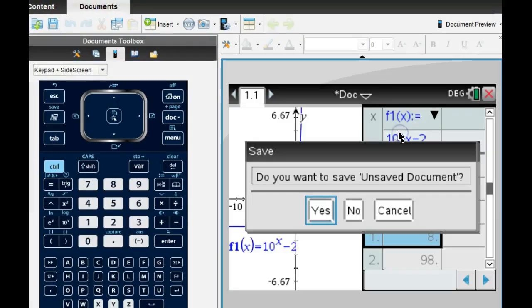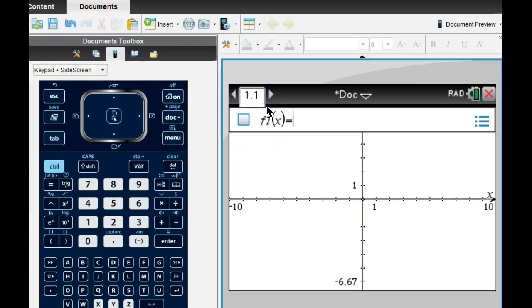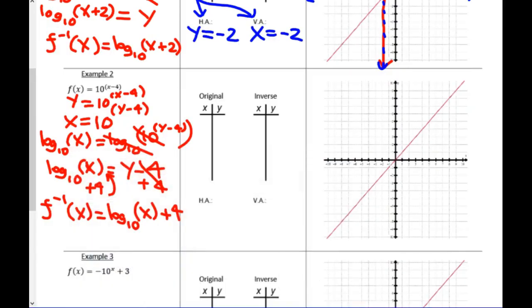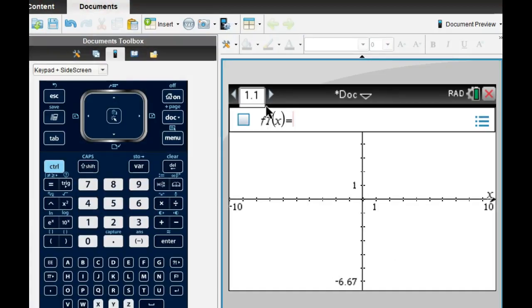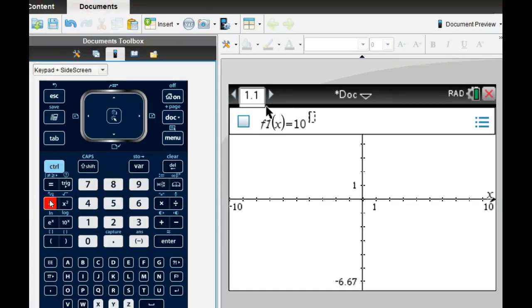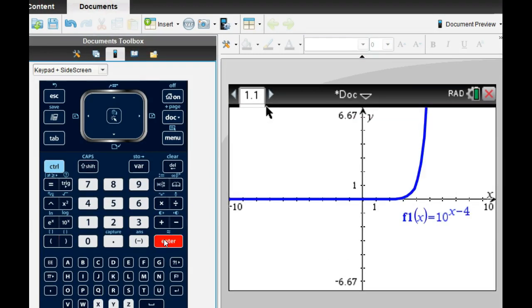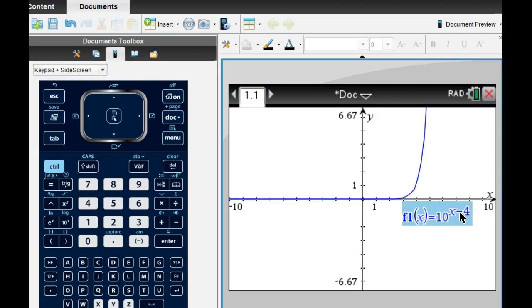We got a new document, graphing. So the original formula was 10 to the power of, caret, parentheses x minus 4. Hit enter. Okay, so I have this exponential function that's been shifted 4 to the right. Remember, the c value shifts left to right, and this one shifts to the right because it's a liar, right? So let's get Control T for the table.